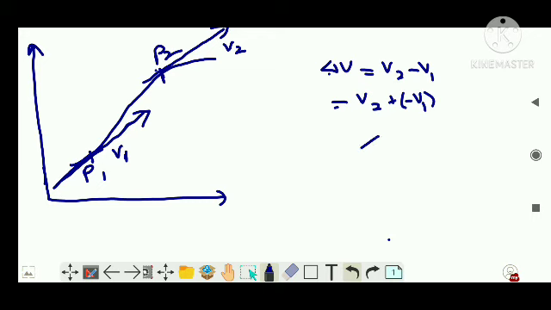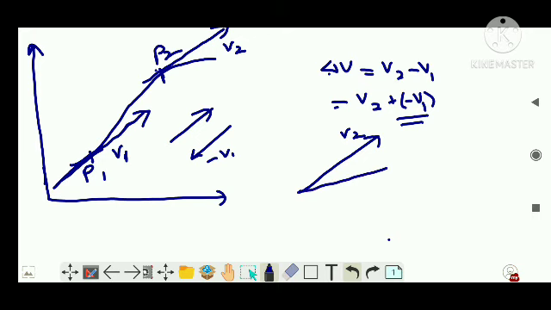So here is v2's figure, like this. In the triangular method, I have to invert v1. This is the direction of v1, so this will be minus v1, right? I will take it like this. This is minus v1, head to tail method. Now I have to join these two, and what will be the direction? Like this, and it is supposed to go in this direction, so I have to draw in the opposite direction.